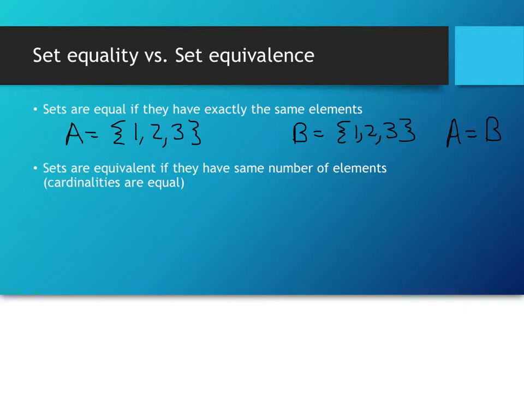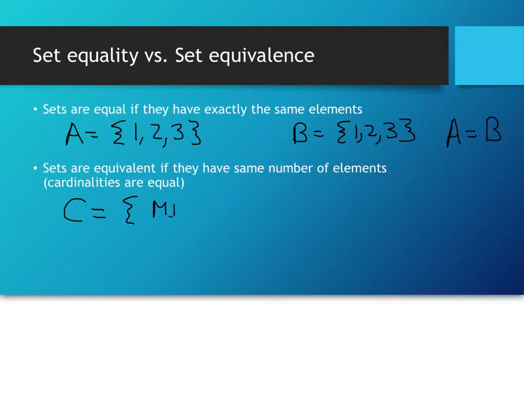Sets are equivalent if they have the same number of elements. So notice that if they're equal, then by definition they have to have the same exact number of elements. So if two sets are equal, then they have to be equivalent. However, the reverse is not true. Let's take a set C, let's do states.